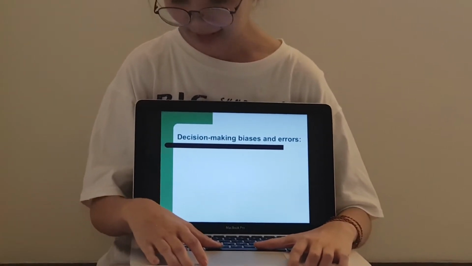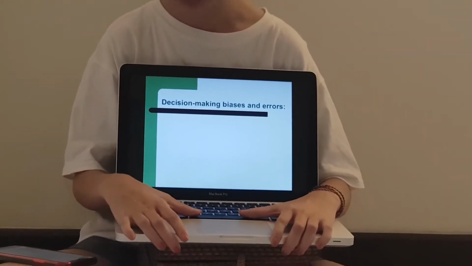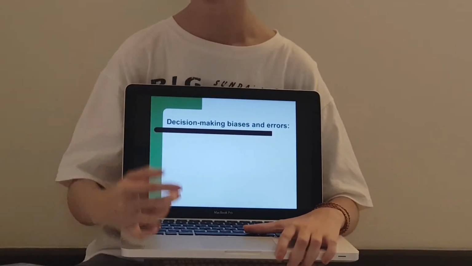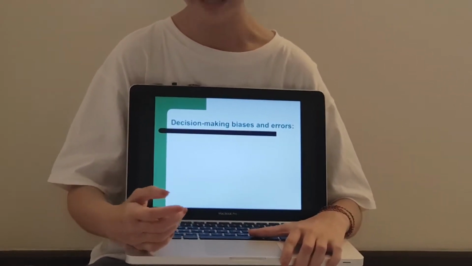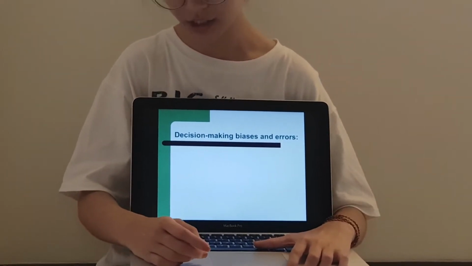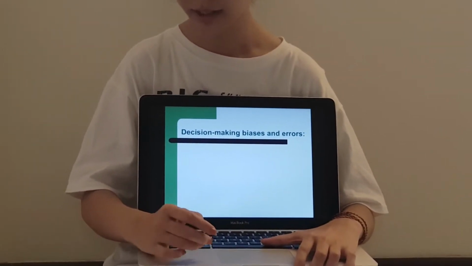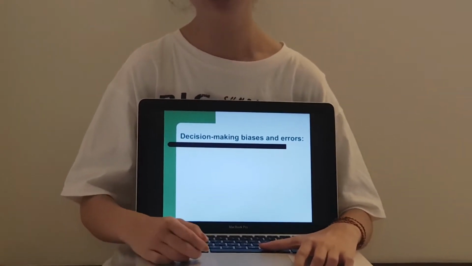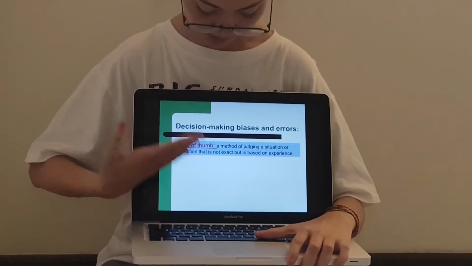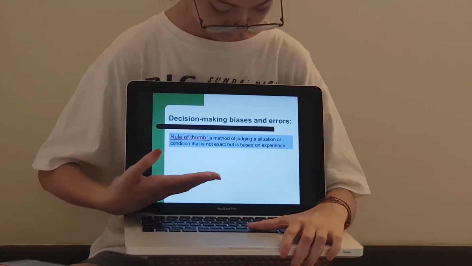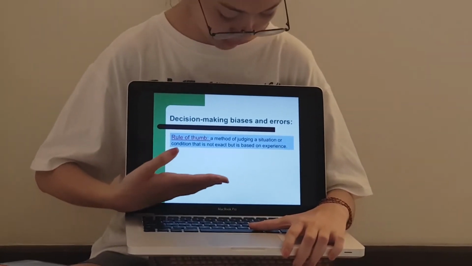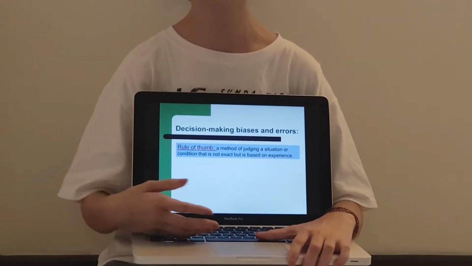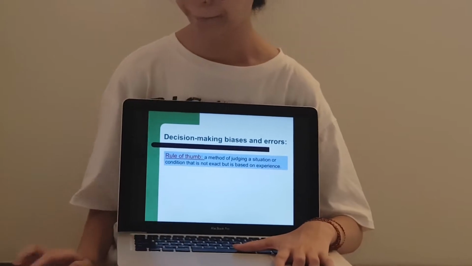The next topic is decision making biases and errors. When managers come up with an idea or want to make a decision, they don't only use their particular styles. They also use rules of thumb, which are a method of judging a situation or condition that is not exact but is based on their own experience.